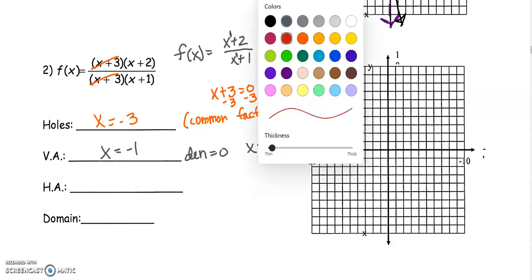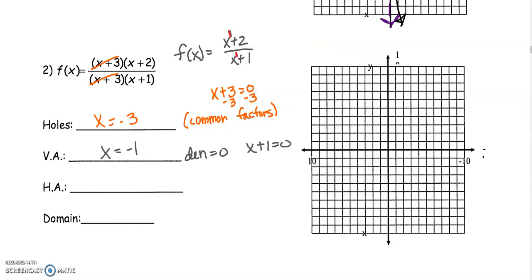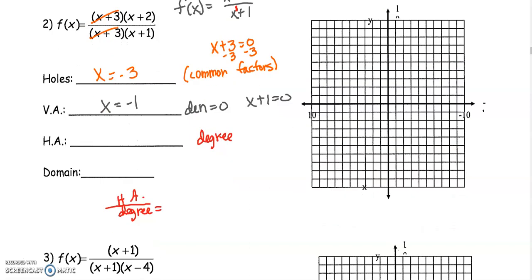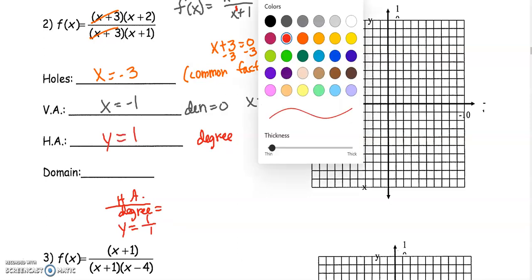We look at our degrees, and we have the same degree, so we're going to use the coefficients. Degrees are equal, and so it is going to be 1 over 1, or 1.